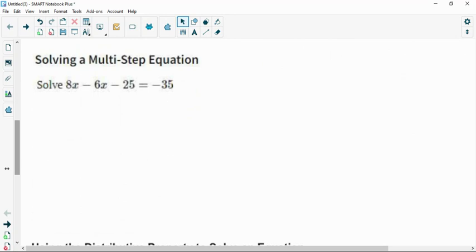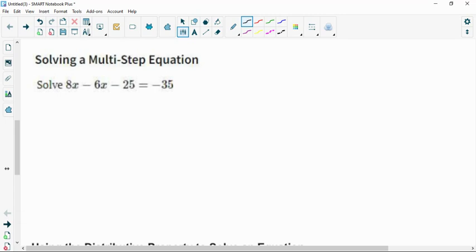Let's take a look at what's happening in this multi-step equation. We have 8 times x minus 6 times x minus 25. If I go back to the 5 steps I had written down, the first step, the distribute step, we only need that if there are parentheses.